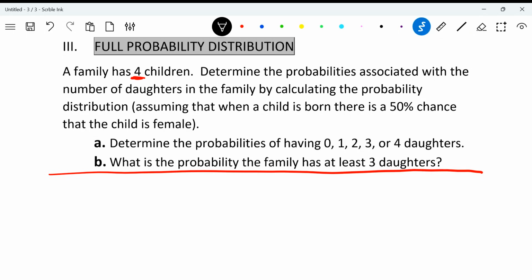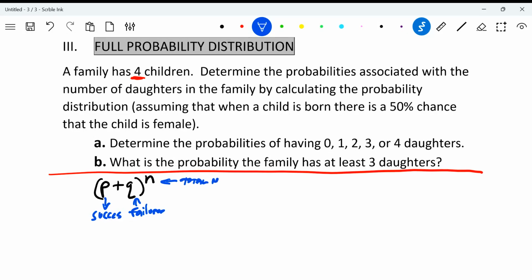So we're going to look at the same basic setup here as P plus Q to the nth power, where P is your successes, Q is your failures, and N is the total number, which is given by the total that you have there, the 4.